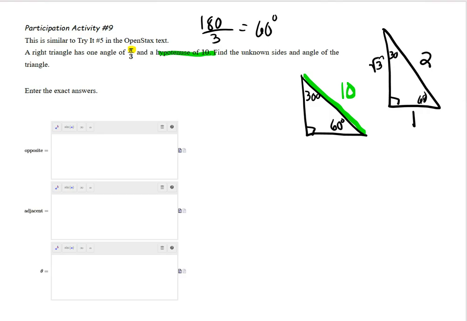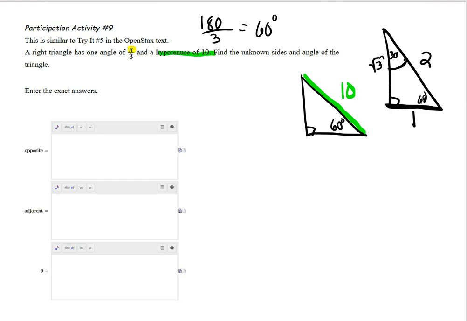And I know that this side that is opposite the 30-degree angle is my shortest side because this angle measure here doesn't rotate very far, so this distance here, which is the opening, is small. Okay, and they want to know what's the opposite.